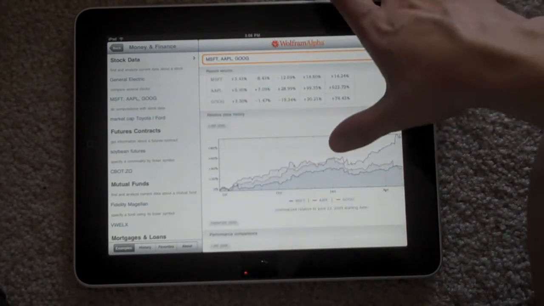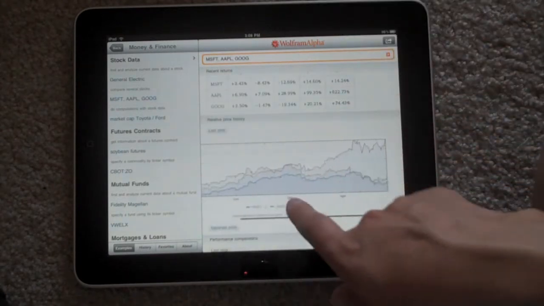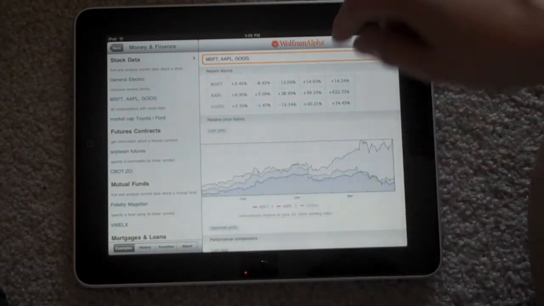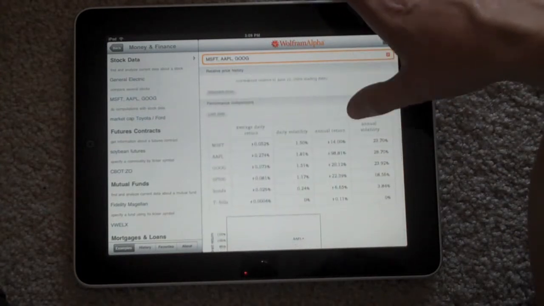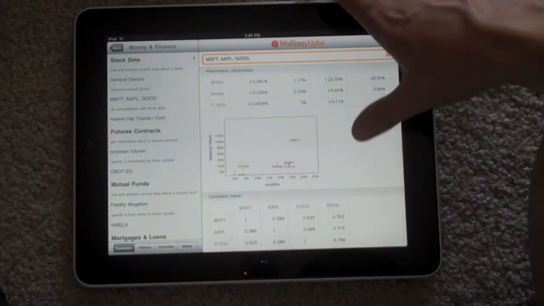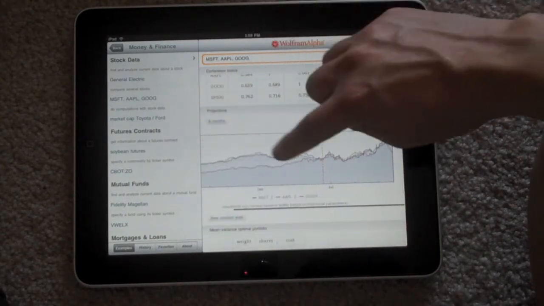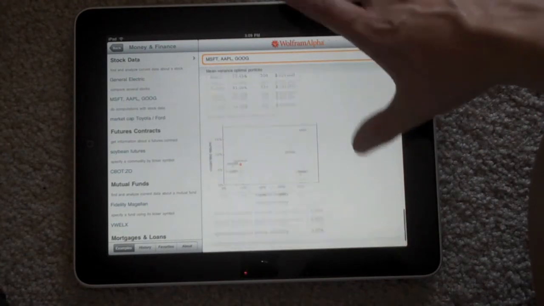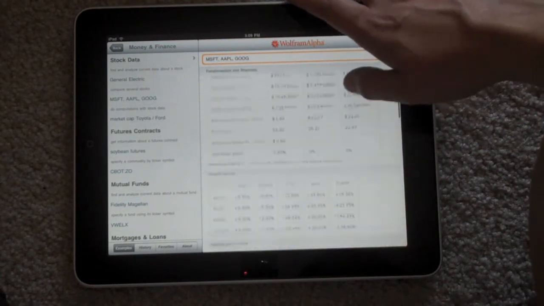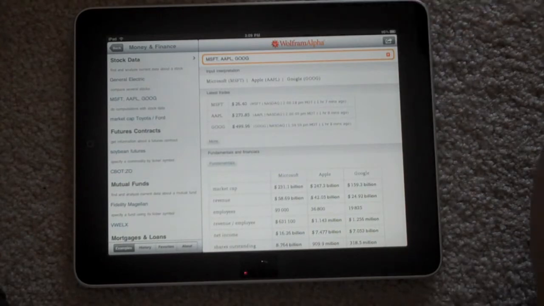Recent returns, relative price history, so a nice little graph, and I can scroll left to right to see it. And this is comparing all three of those companies. Performance comparisons, correlation matrix, projections, again another graph, mean variance. So a lot of information about the stocks of Microsoft, Apple, and Google, or whoever I wanted to type in.